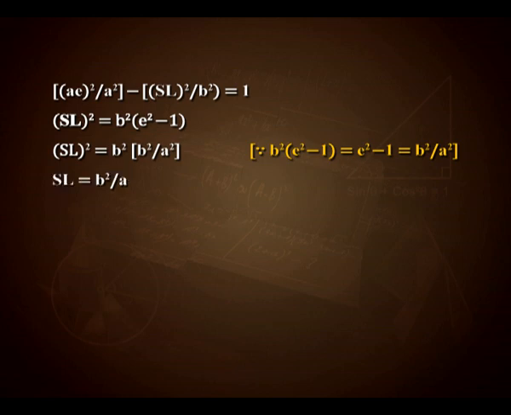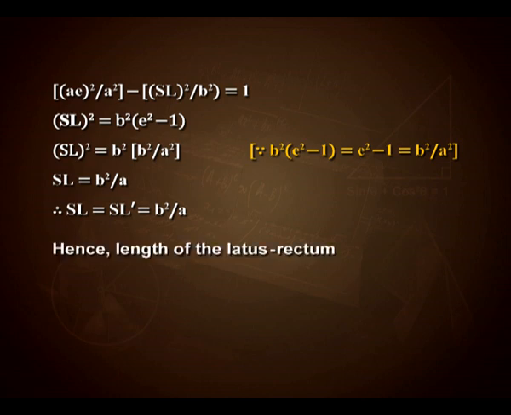So, S L is equal to b square upon a. Therefore, S L is equal to S L dash, that is equal to b square upon a. Hence, the length of the latus rectum is equal to 2 into S L, that is equal to 2b square upon a, which can be simplified as 2a into e square minus 1.